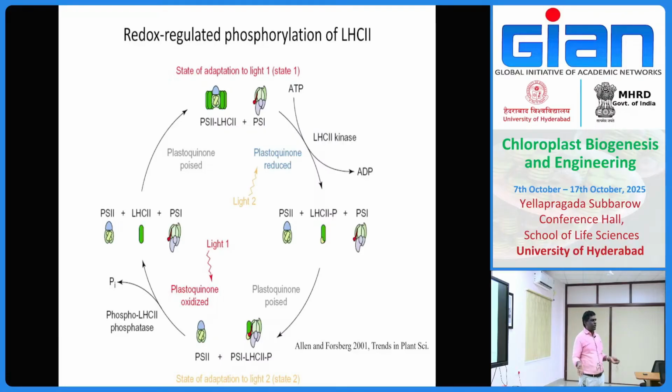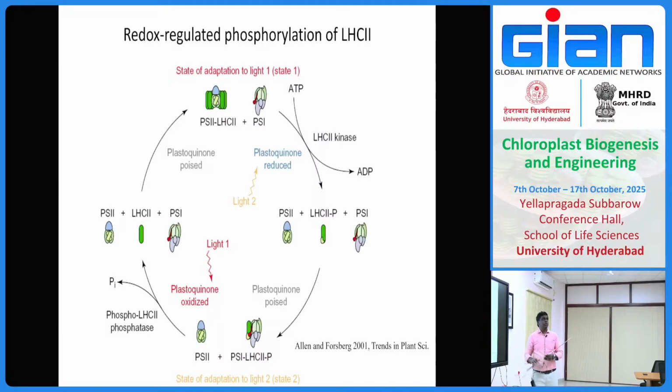That means, like in the rainy season, it is sunny, and then again it gets reduced, as we could have seen the day before yesterday. Or even if the light gradually increases, the PQ pool gets reduced. That means the plastoquinone pool is oxidized and reduced. That is the redox regulated mechanism. It gets oxidized and reduced.